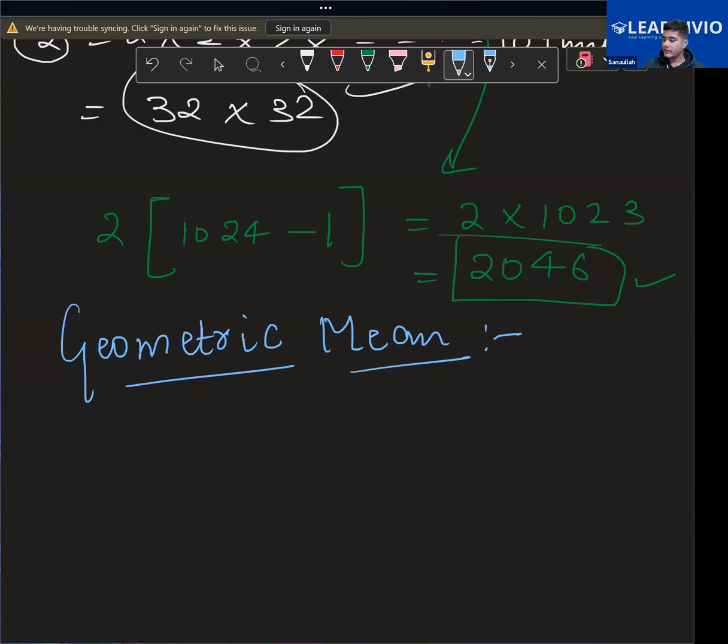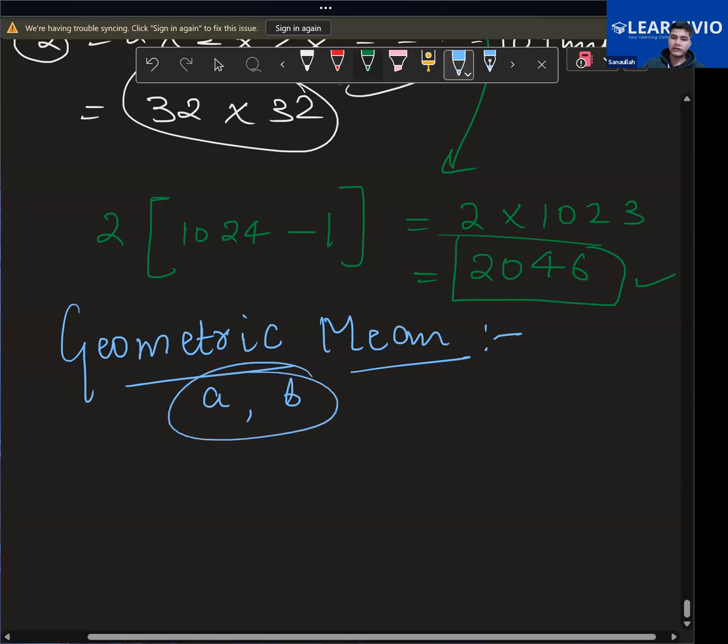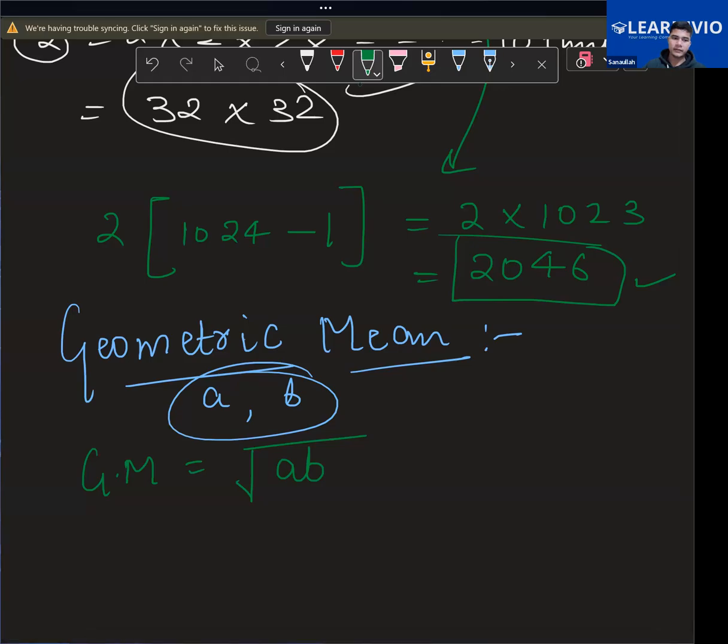Geometric mean is the square root of the multiplication of those two numbers. This is known as geometric mean. Got it?